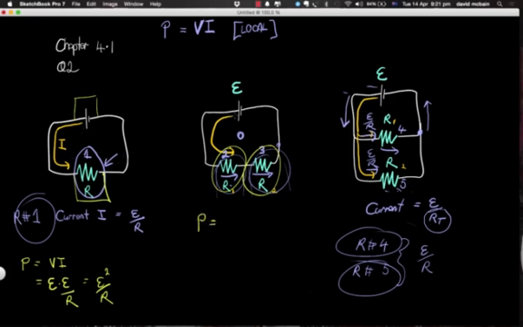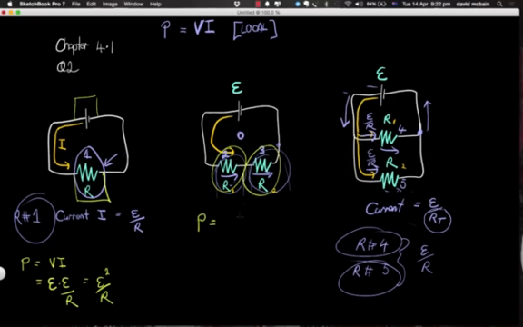Now, remember, because you've got two resistors in series and they're both the same, only half of the voltage of the battery will be given up across the first resistor and the other half across the second resistor. So the voltage or the potential difference across each of these resistors will only be half of the battery voltage.